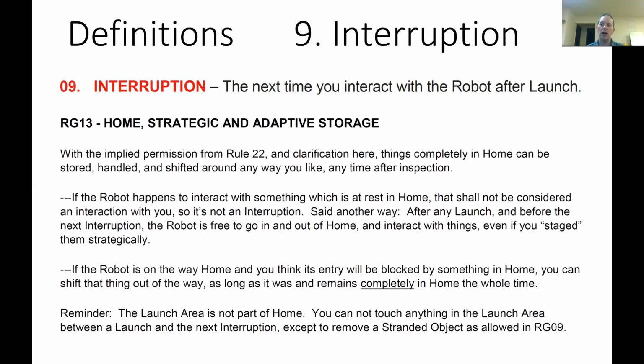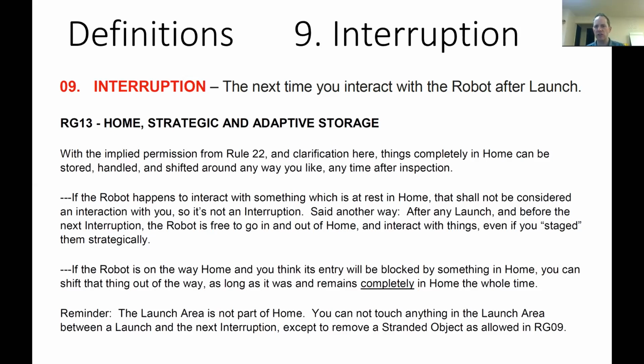If the robot comes back, in 1 year we had a judge tell us that if a robot came through what was called base back then, before you have home and launch now, it couldn't then drive back out unless you actively launched it, interrupted, launched it. That's no longer the case. So the robot can drive into home, and it can interact with stuff that's in home, if you put them in the place for it, so as it's arriving, it's going to grab them.